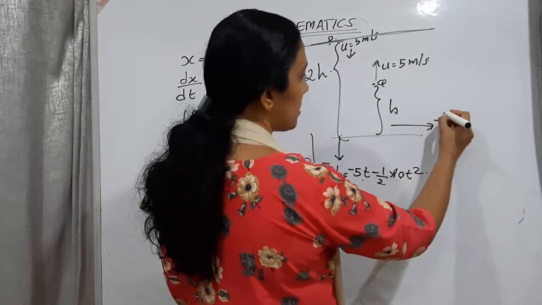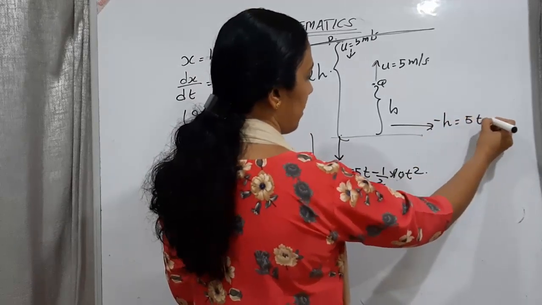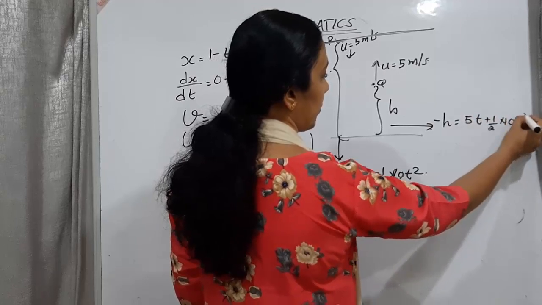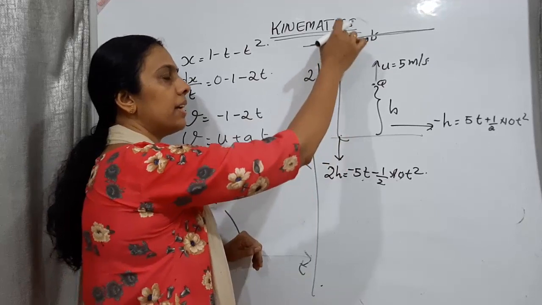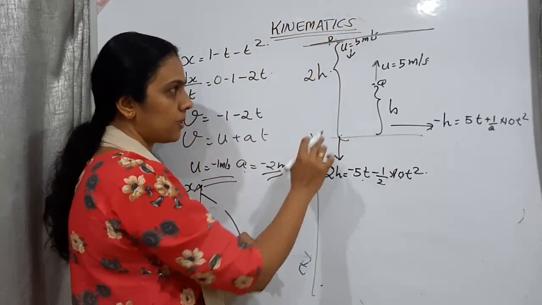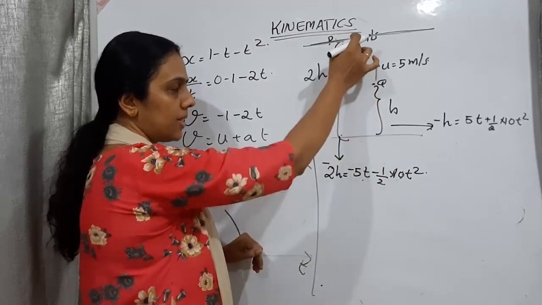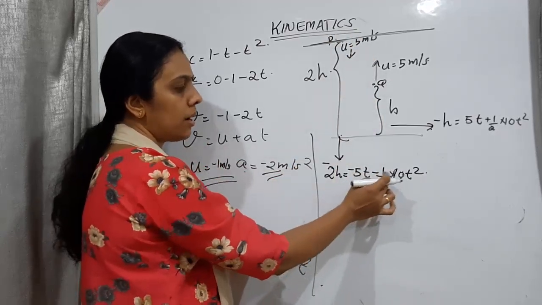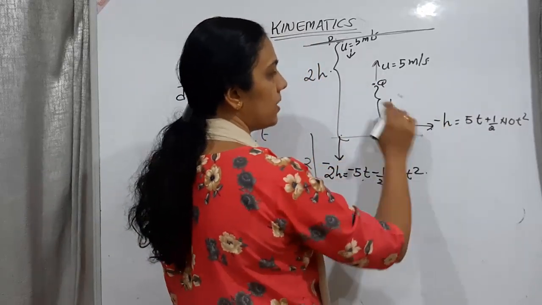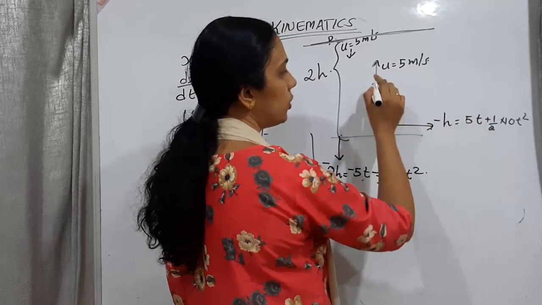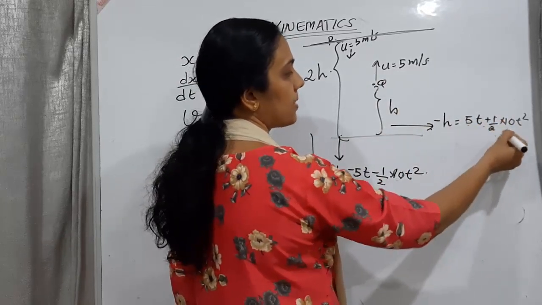For the upward particle I can write minus h equals plus 5t minus half a t square. So the downward direction we are considering negative and the upward direction positive. Since P is moving downward, minus 2h equals minus 5t minus half a t square. For Q, moving upward, it is 5t plus half into a t square.